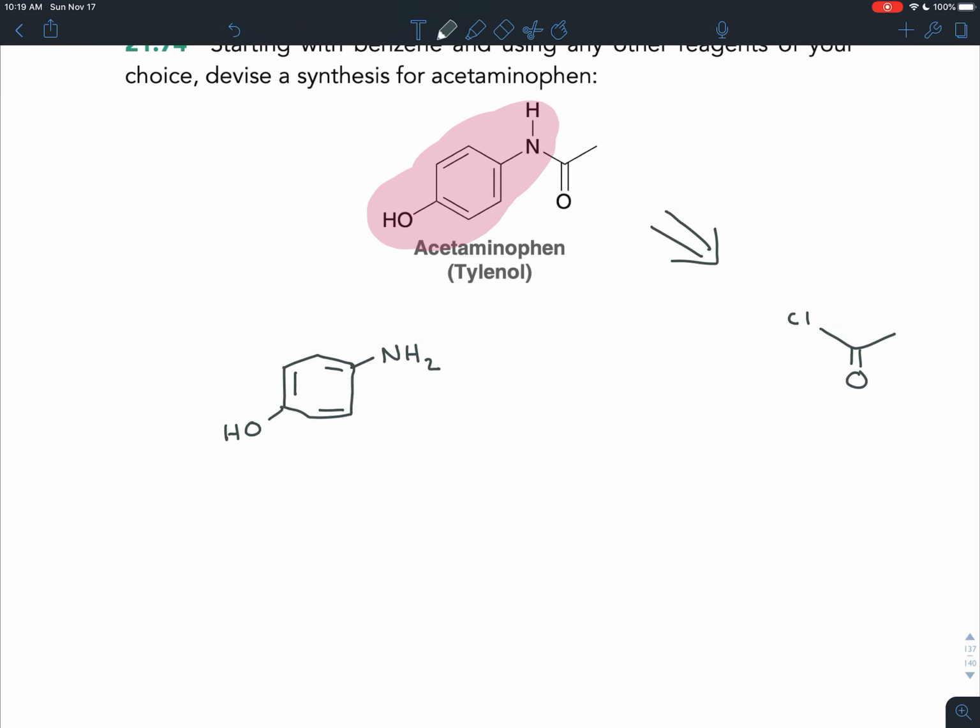However, this may have a side reaction if we have, as we'll see, some catalyst left over in our beaker. And this could have a side reaction of Friedel-Crafts, where this would add onto the benzene ring itself rather than onto the nitrogen.